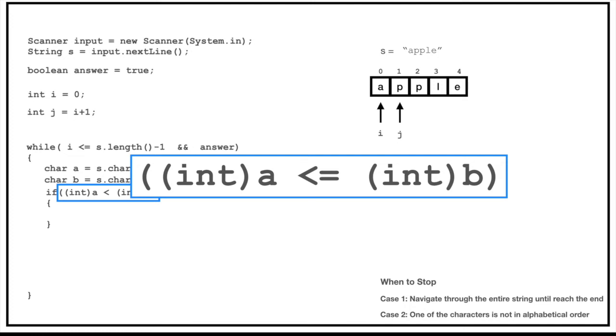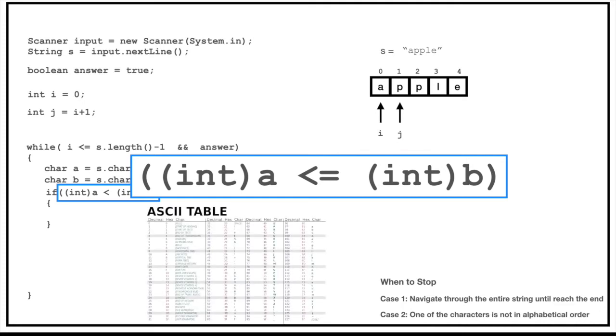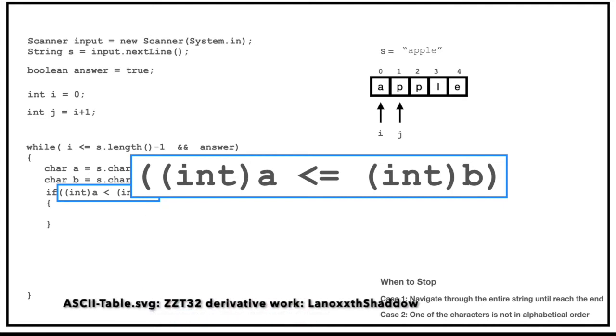Now, where are we going to get those numeric values? From the table. The table will tell you exactly what the numeric value is. Of course, you have this reference, which I got from the internet, but this information is basically stored in the operating system. There is a convention, that's why we have it here. Anyway, Java is smart enough to identify those numeric values.